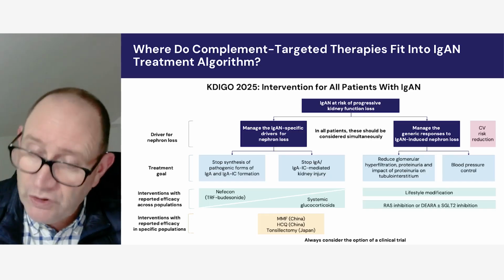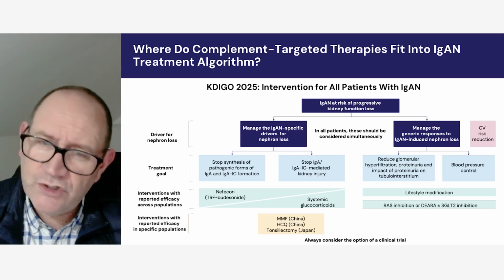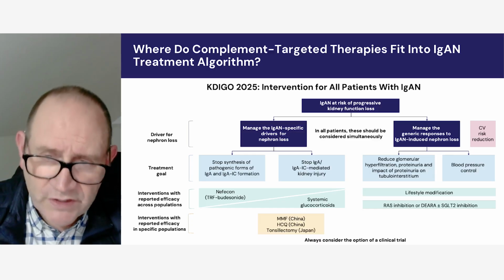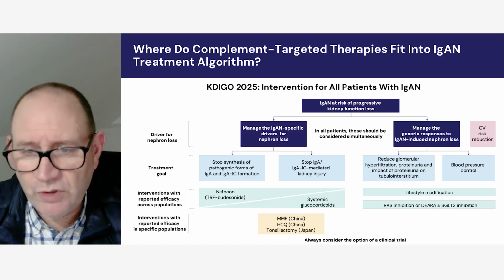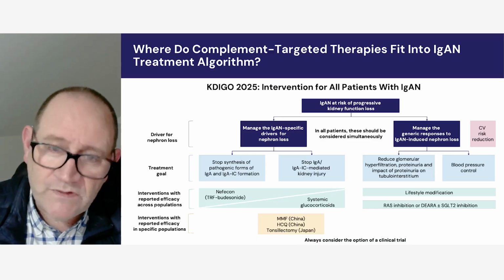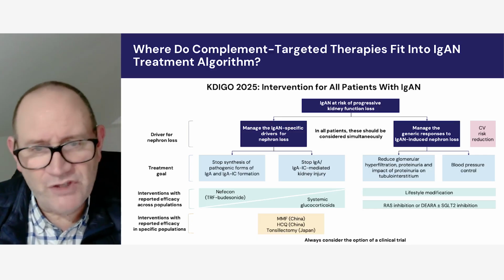So in what ways do the KDIGO guidelines incorporate emerging clinical data on complement inhibition to shape updated treatment targets and management strategies? Well, I hope you're all now used to this algorithm, which was in the 2025 KDIGO update, splitting the treatment approach to IgA nephropathy to those treatments that are targeting the generic downstream consequences of general CKD, and those treatments that are believed to be disease modifying, targeting those different hits of the pathogenic cascade.